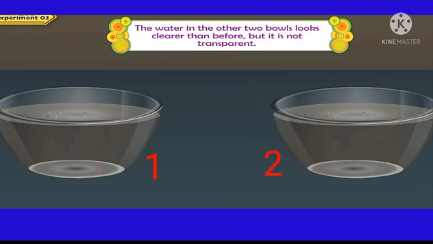Now students, we will carry out the following experiments using these two beakers. So label them 1 and 2. The water in the other two bowls looks cleaner than before, but it is not transparent. What do you see, students?